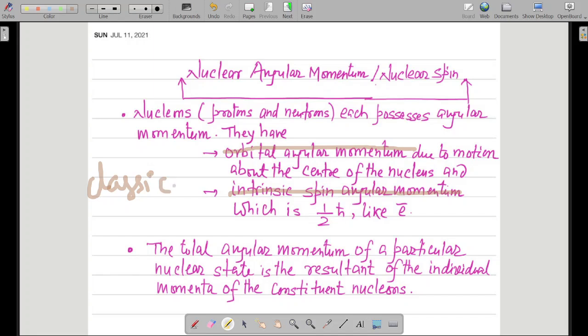Classically it is very easy to understand these two terms. But if we talk about quantum mechanics, then it becomes quite tedious to understand these terms.